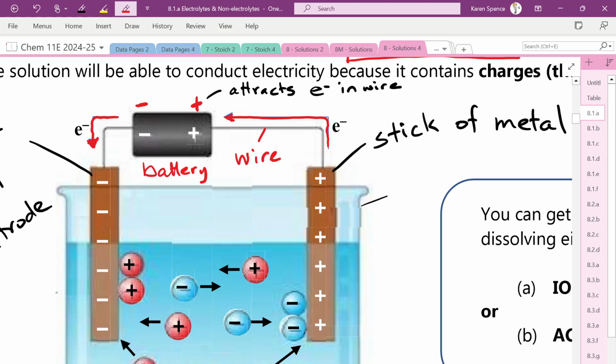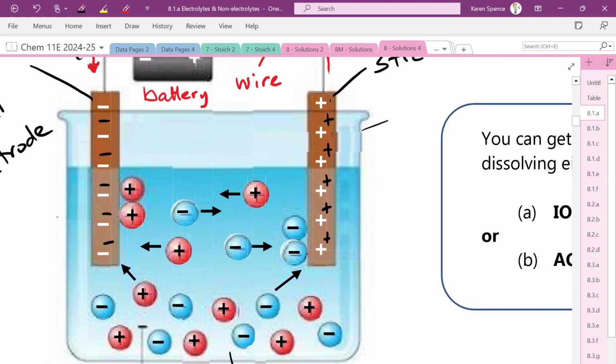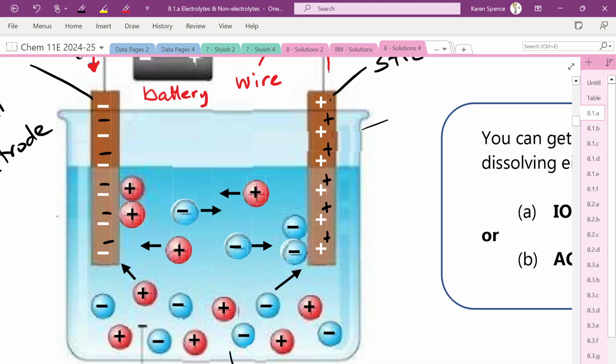So we end up with a positive charge over here, and a negative charge over here because the electrons are going in here. And what is going to happen to these ions that are dissolved in the solution? What are the positive ions going to do? They're attracted to the negative.